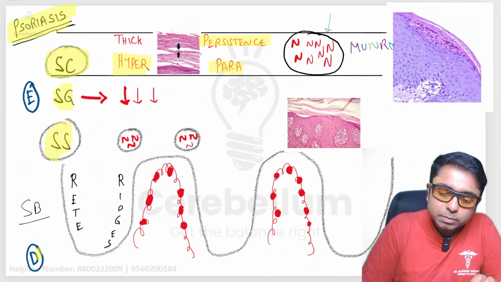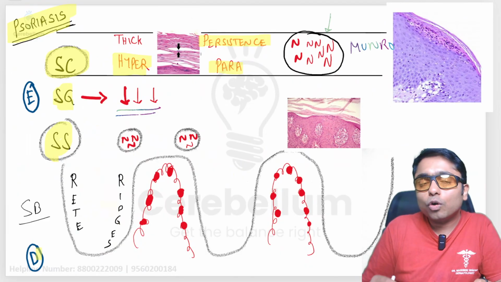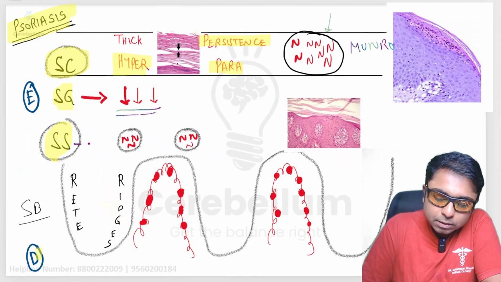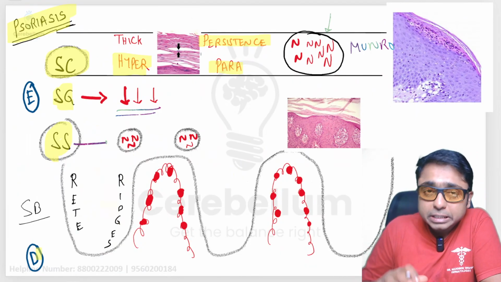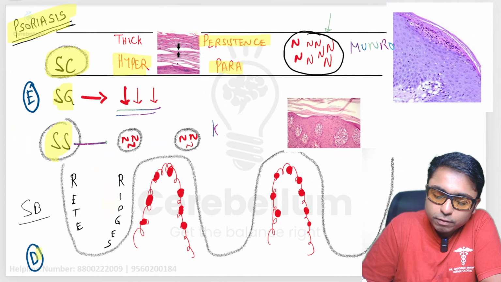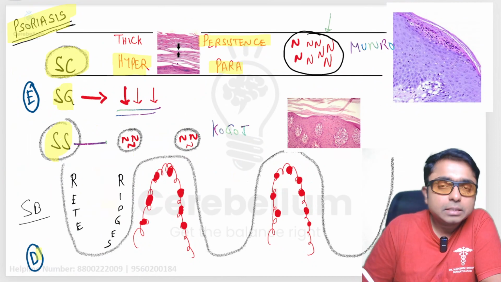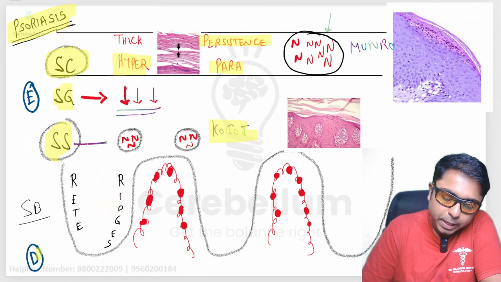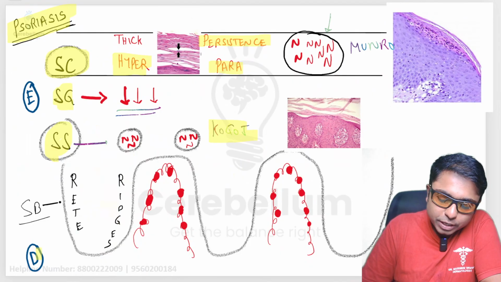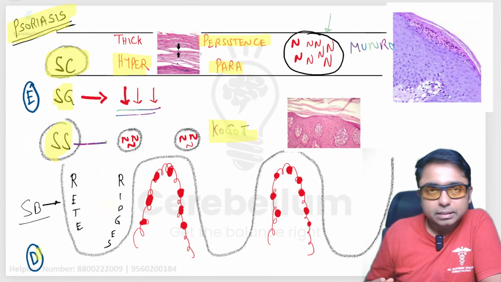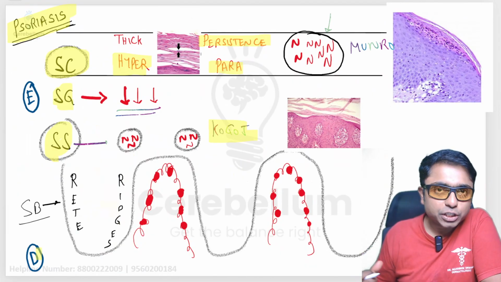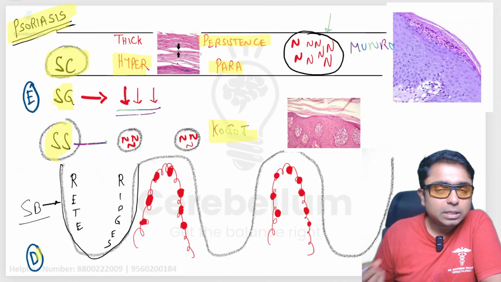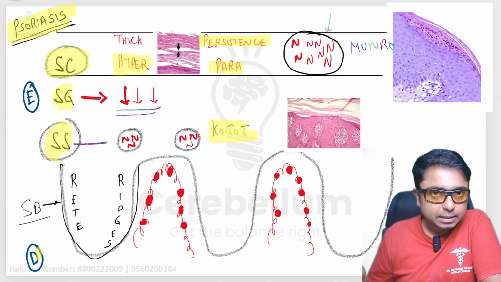In the stratum granulosum, just remember there is either absence or reduced thickness of the stratum granulosum. In the spinosum, again there will be a collection of neutrophils. This is called spongiform pustules of Kogoj. These names are also important. Spongiform pustules of Kogoj is a collection of neutrophils in the stratum spinosum. Now coming to the stratum basale, just remember the rete ridges will be elongated, looking like a camel foot, so it is also described as camel foot appearance of the rete ridges.